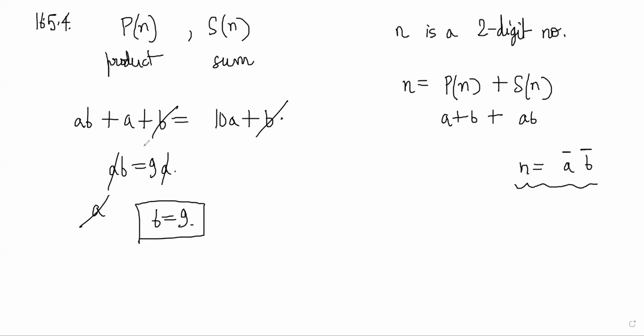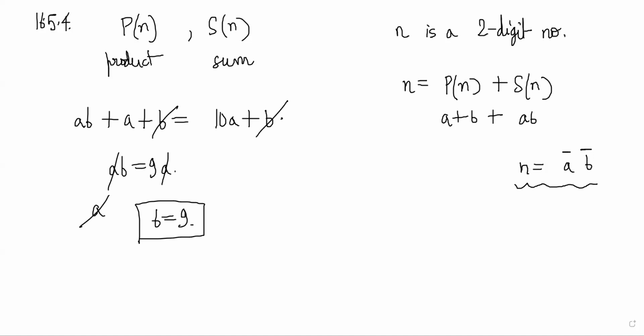B is equal to 9, then what is A then? I am not sure because it just asks for the units digit.